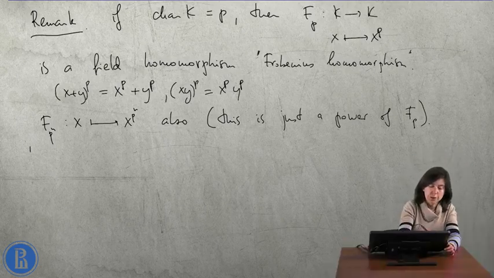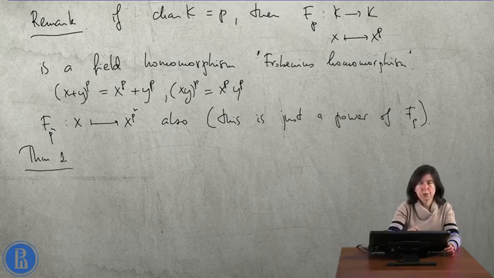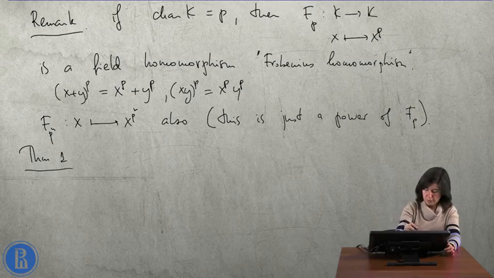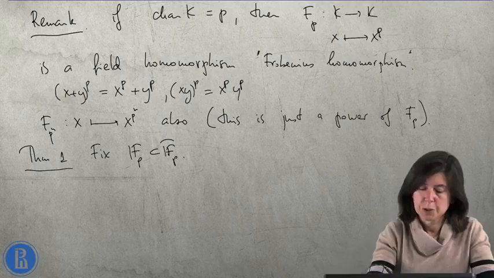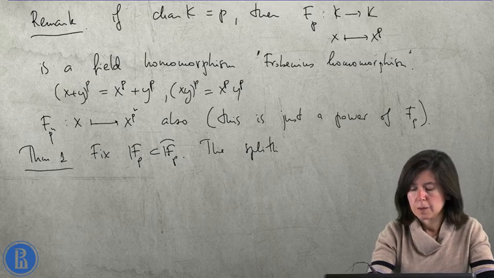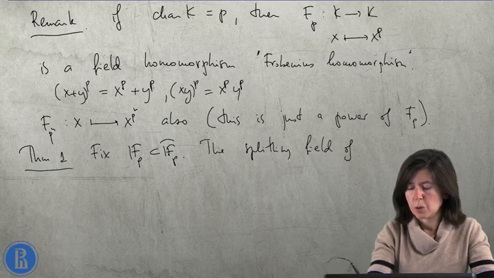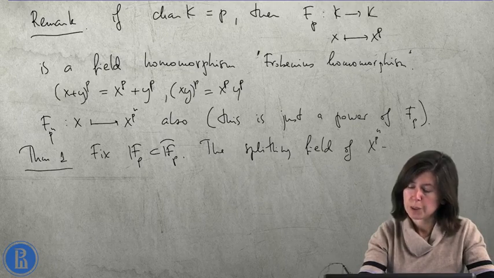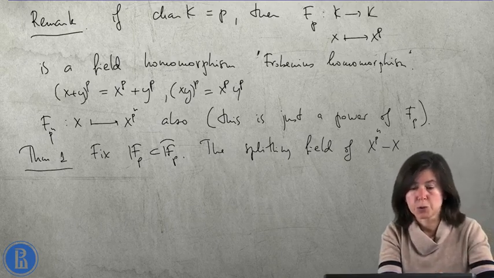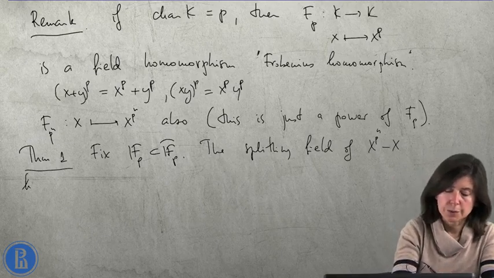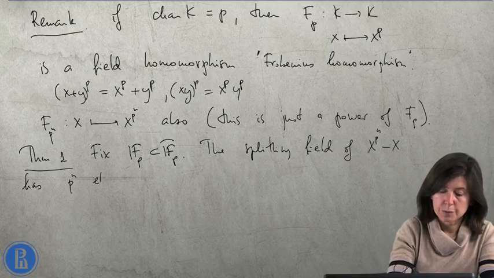So let me formulate the first theorem about finite fields. So fix an algebraic closure. A splitting field of the polynomial x to the power p to the power n minus x, so the field generated by its roots in Fp bar, has p to the power n elements.